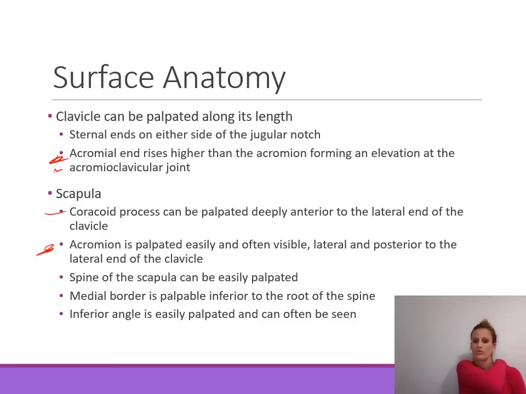Once you get to the root of the spine, you can start to palpate the medial border. So you follow the spine all the way in towards the center, it ends at the medial border. Then you can palpate the medial border all the way down to the inferior angle. The inferior angle, the little downward point at the bottom of the scapula, is very easily palpated. You could typically even see it.